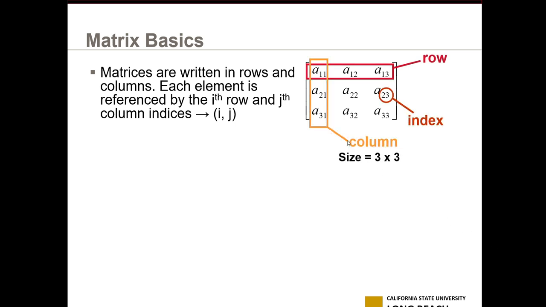So let's take a look at this matrix again. The red box represents row 1. And you can see at the bottom right of each element, the numbers 1,1, 1,2, and 1,3. The first number representing the row. And then in the orange box is column 1. It's the second number on the bottom right. So it's 1,1, 2,1, 3,1.